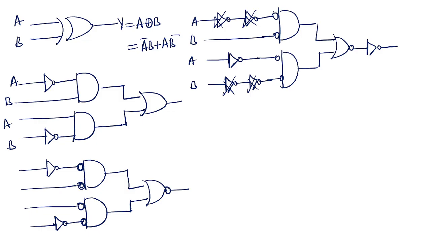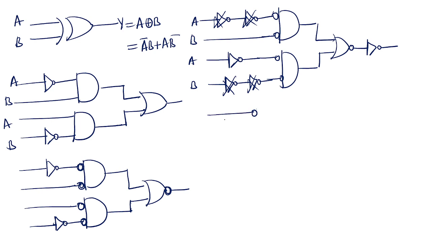Wherever you added the bubble, you need to add the inverter. That's why here also you need to add the inverter. Here inverter, here inverter, here inverter. Okay. And next, what you need to do? So like this, you will get the circuit.